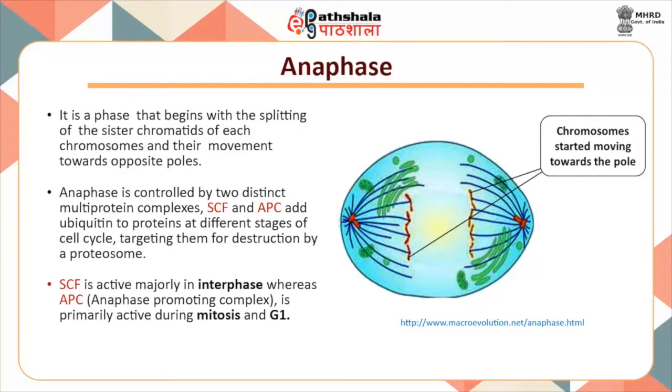As pointed out earlier in G1 phase, these two distinct multiprotein complexes, SCF and APC, add ubiquitin to proteins at different stages of the cell cycle, targeting them for destruction by the proteasome. SCF acts primarily during interphase. In contrast, the anaphase promoting complex, or APC, plays a key role in regulating events that occur during mitosis.